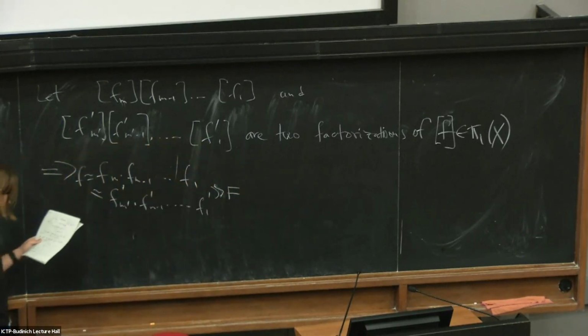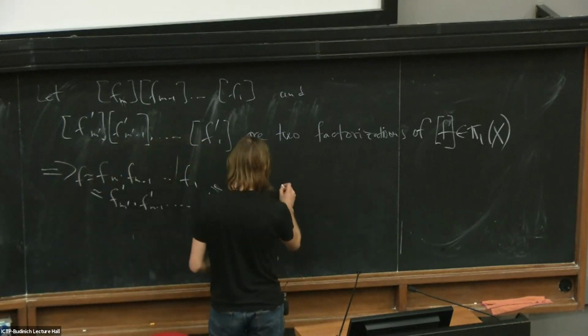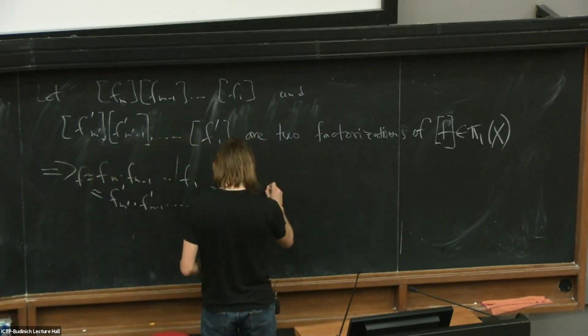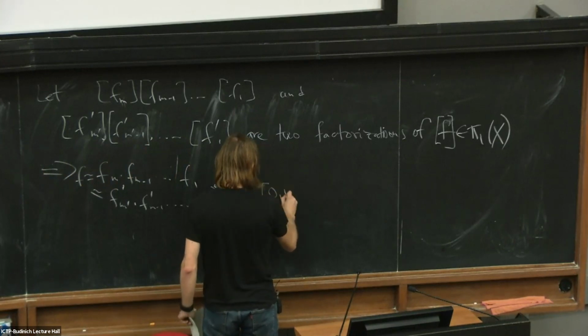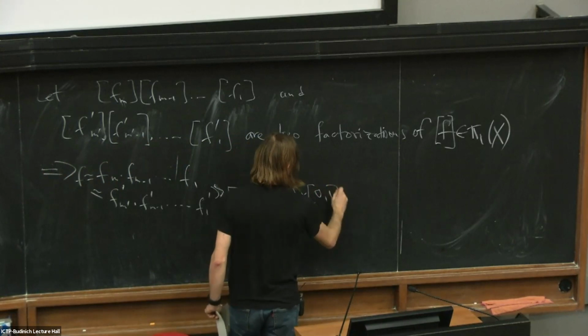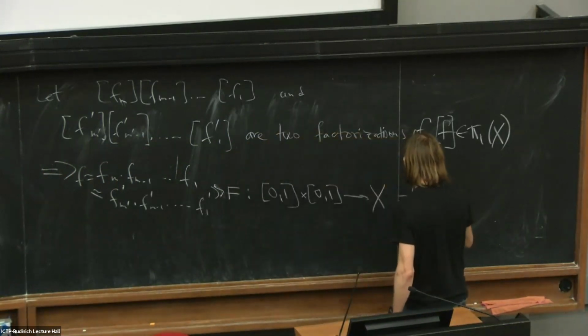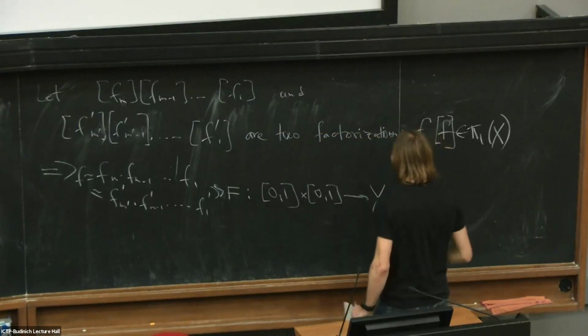Let's denote this path homotopy by capital F. So as usual, this is a map from a square to our X, which I remind you is covered by A alphas.